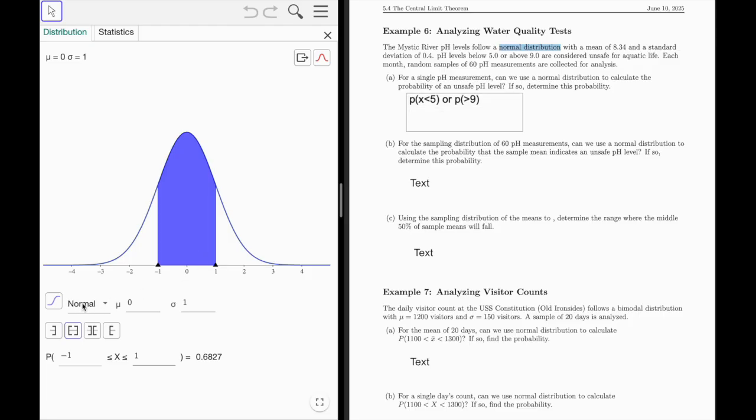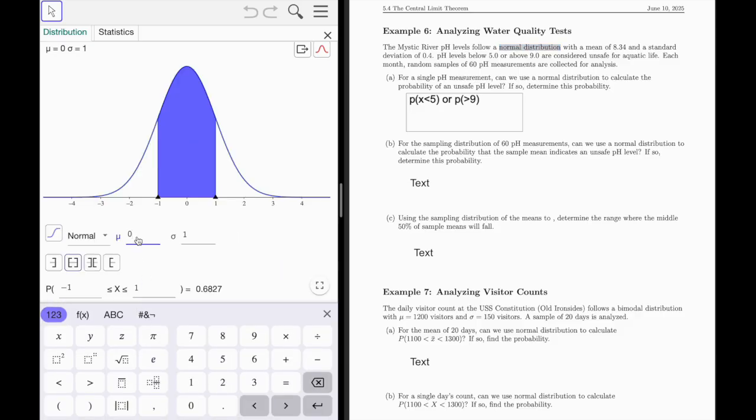So I'm going to make sure I'm on the normal distribution. I'm going to put in my mean is, let's see, 8.34. My standard deviation is 0.4. And I'm going to calculate the probability that x is less than 5 first.